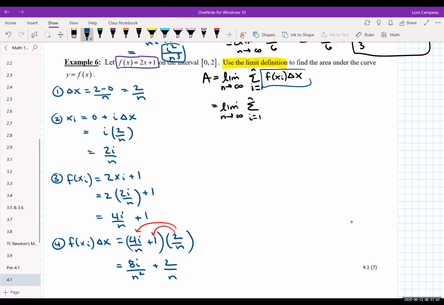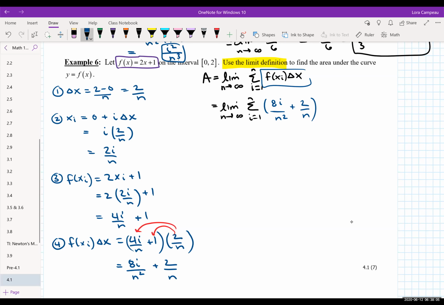This time we replace it with, it's a sum, so it's 8i over n squared plus 2 over n. And now, what we need to do, remember, we have a sum inside the summation.